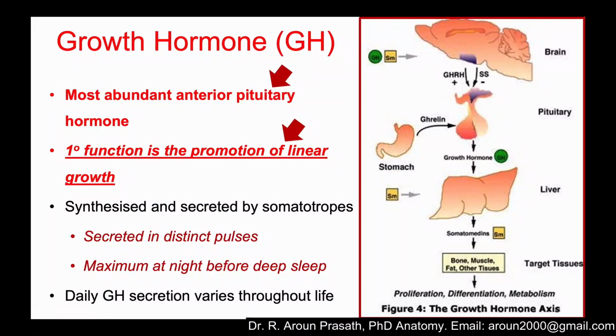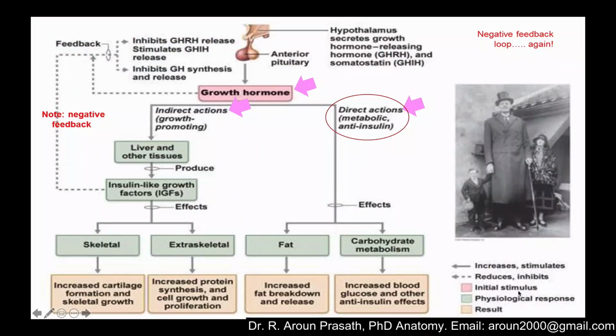Okay, so this is how the growth hormone comes from the pituitary to the liver, bone, and fat cells to help in the process of growth. In case there is too much growth hormone released, then there is an enormous amount of growth. You can see the picture, the person is gigantic in appearance.